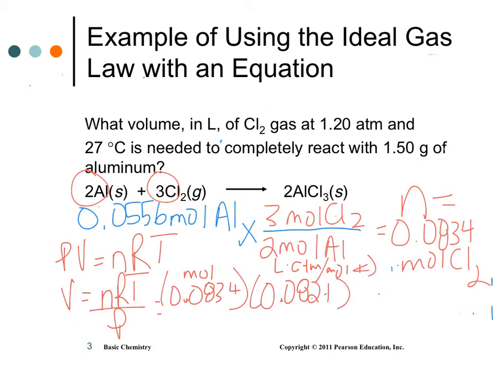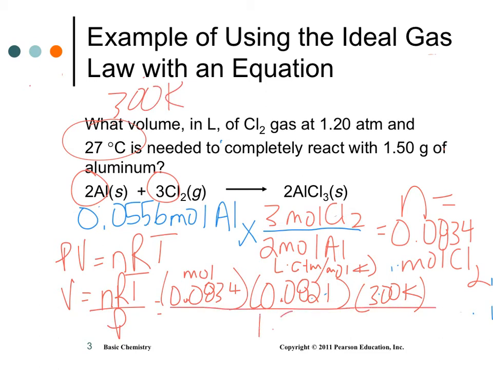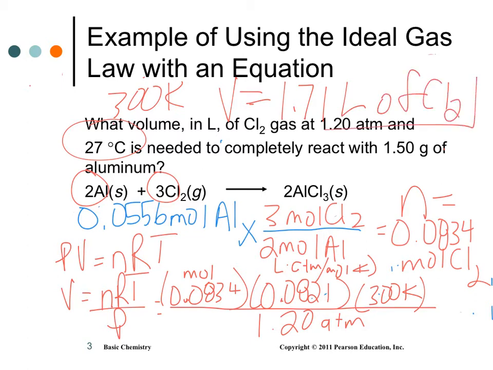And then I'm going to multiply by 300. Remember, this was 300 Kelvin. And I'm going to divide that by my pressure from the problem, which was very simply put 1.2 atm. And I'm going to get my volume to be, I'm going to put it right up top. Volume is, if I do all that math, 1.71 liters of chlorine.